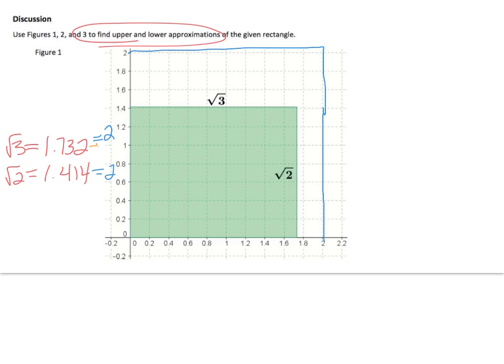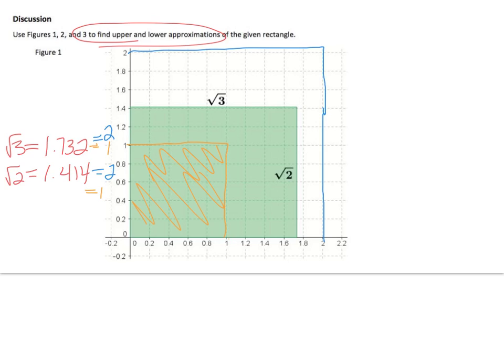We'll just go with whole numbers and 1. Okay, those are very, very rough and poor upper and lower approximations of that irrational side length triangle.